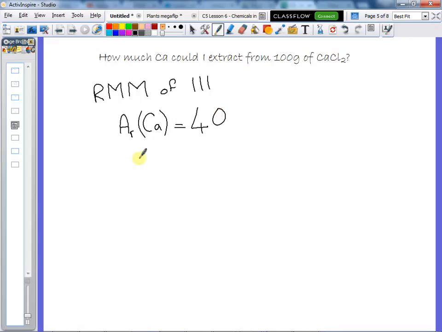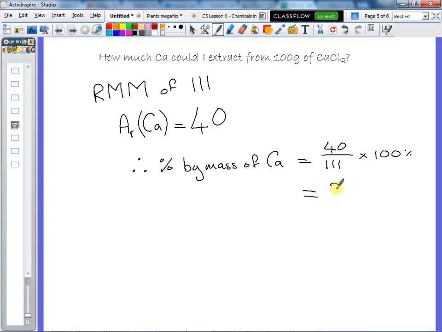Therefore, percent by mass of calcium in calcium chloride is 40 divided by 111 times by 100%, and that comes out as 36%.